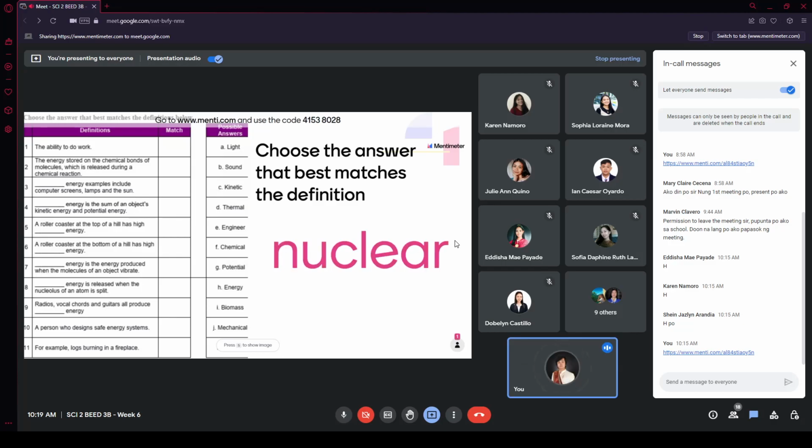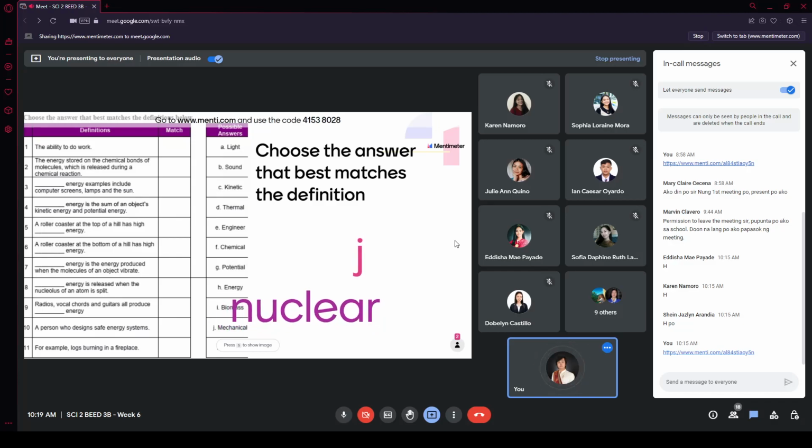Is it nuclear? Okay. Any other answers? So is it mechanical? Energy stored on the chemical bonds of molecules, which is released during a chemical reaction. So any other answers from the class?